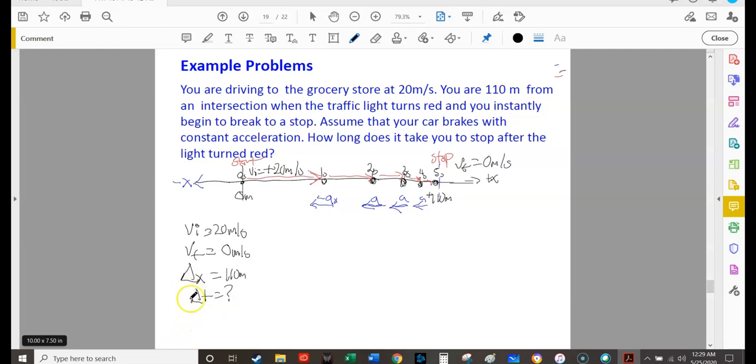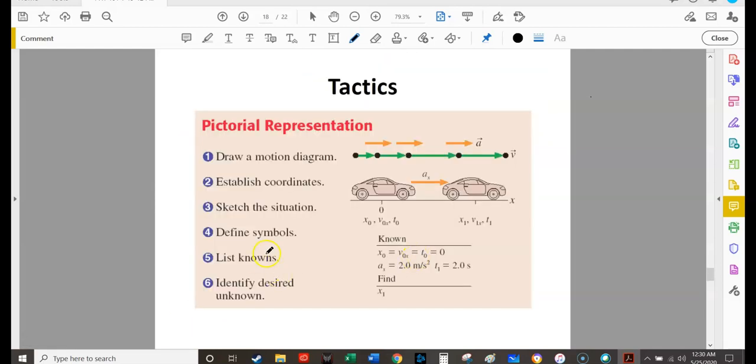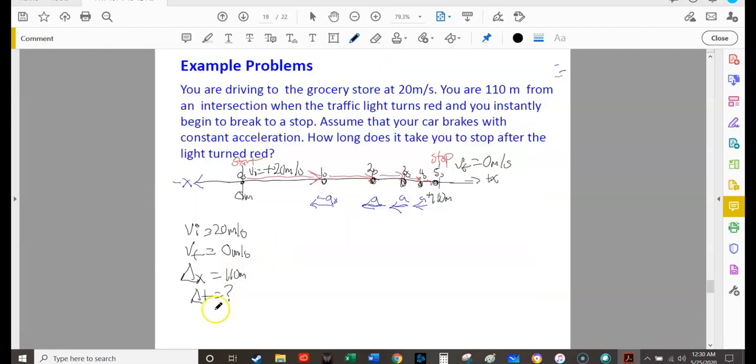What I also like to do, which they don't list here, is to list any variables that I don't know. And we don't know acceleration. So what I'm going to do now is list off all of our equations of motion.